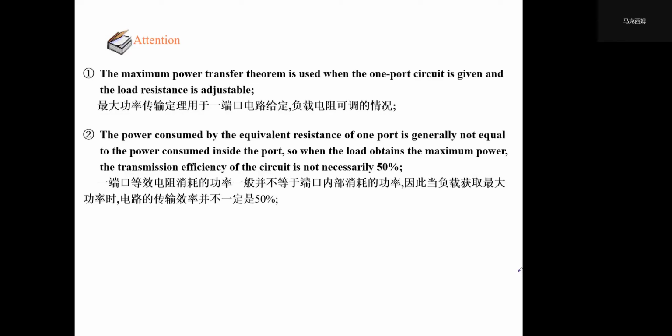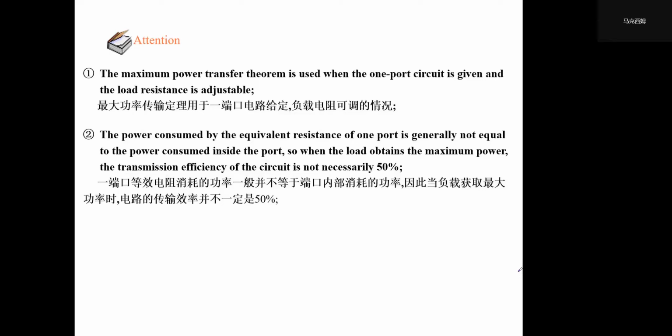Generally, it will be much less. So the maximum power transmission theorem is in theory, and we have to consider that power does not have the nature of additivity.